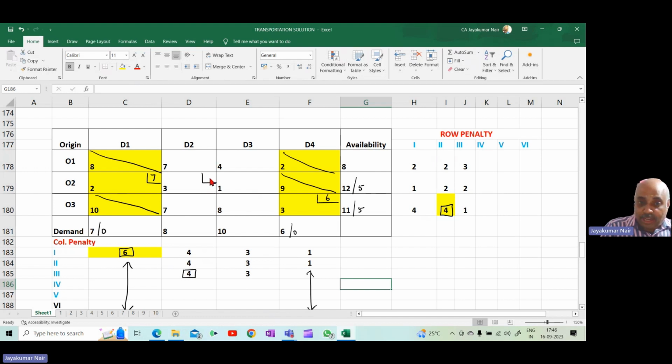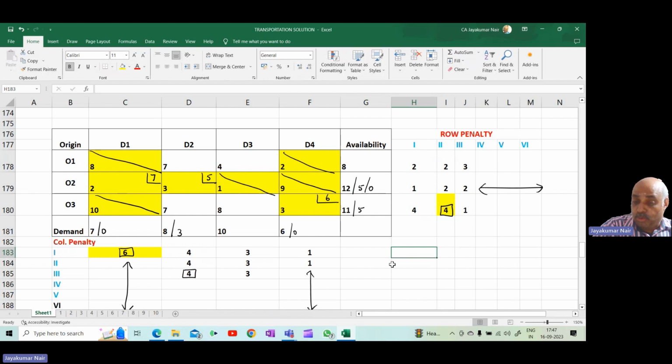So I will make the allocation here, 5 or 8, whichever is lower is 5. So availability will get reduced to 0. Demand will get reduced to 3. Now, since this has become 0, cancel out this row. That means no more allocation to this particular row because it is completely allocated.